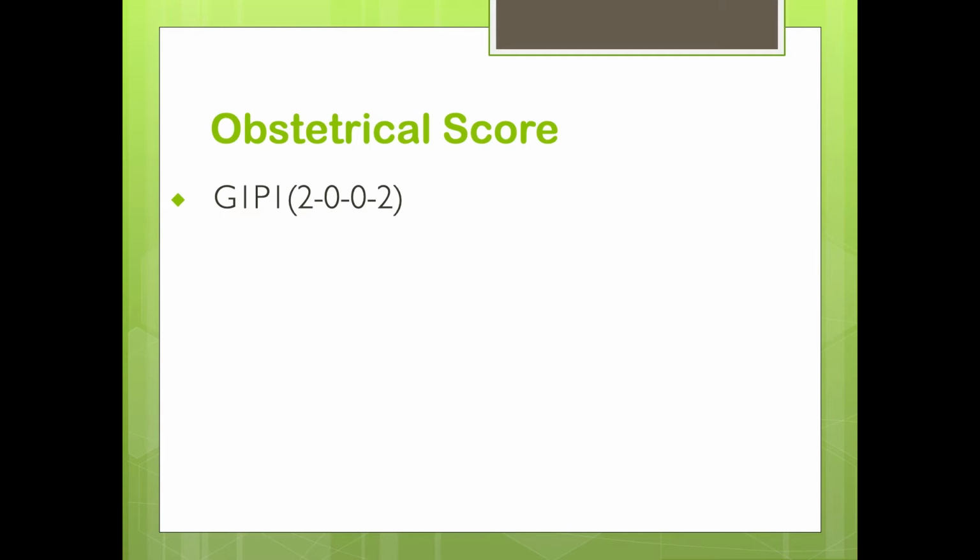So what does that mean? This is a twin gestation, because your obstetrical score reflects the births. How many term births did she have? She had two term births, but the pregnancy was only one. So that is a G1P1, 2002.